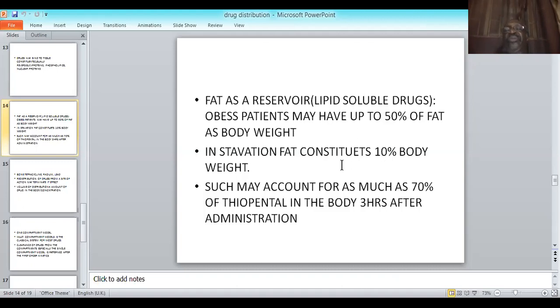Either it is someone who has less than normal body fat constituent, or someone who has a normal body fat constituent.